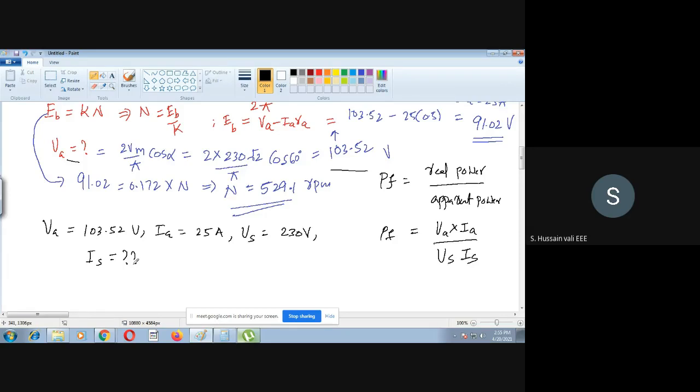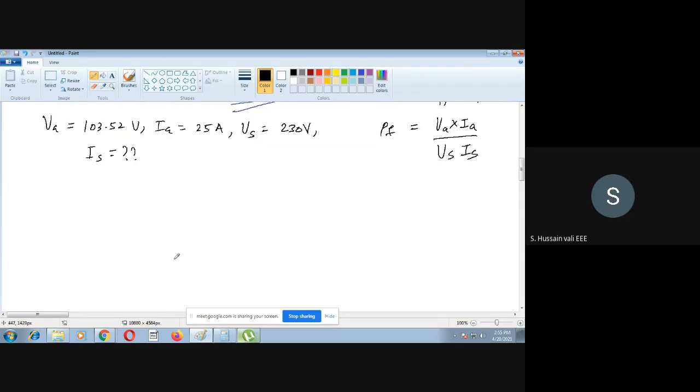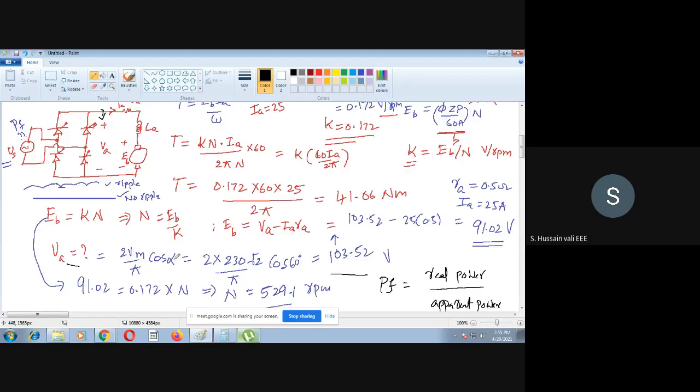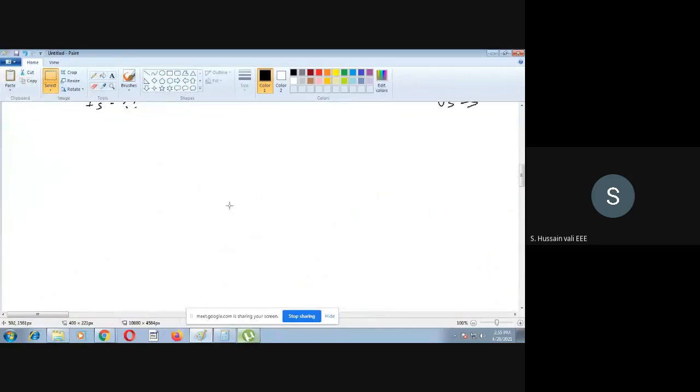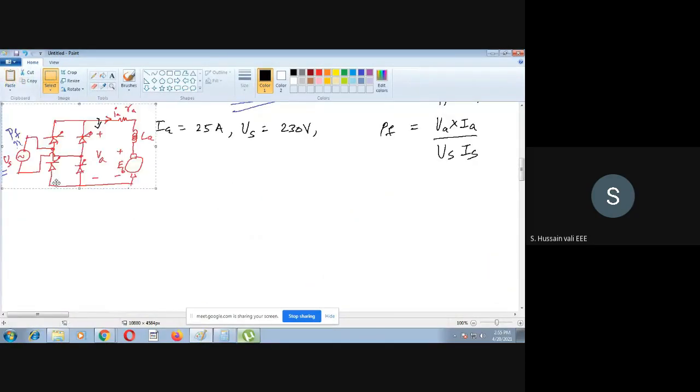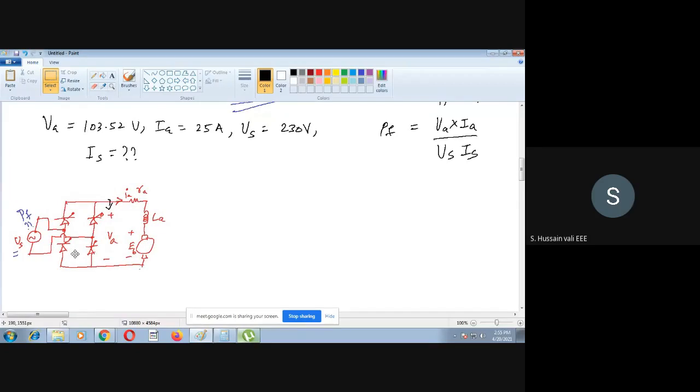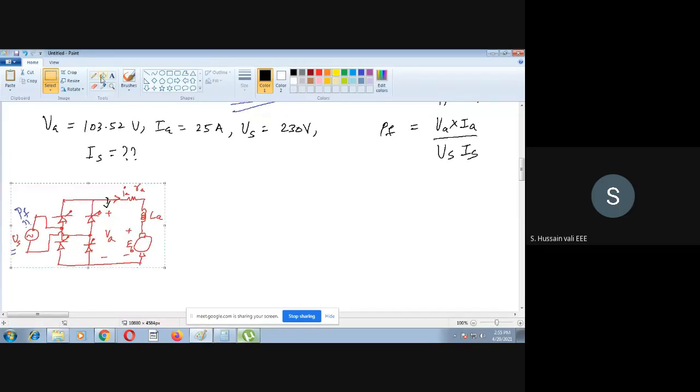To find this, we need to draw the waveform, the supply current waveform. I will do that now. This is the circuit diagram, and this here is IS.